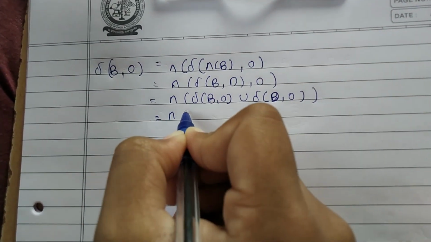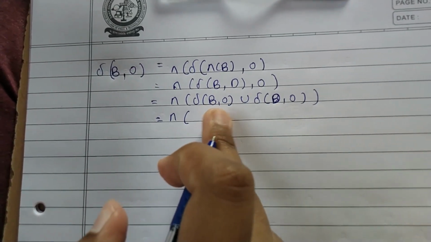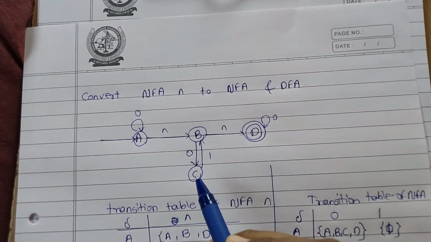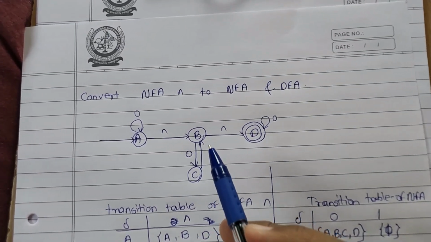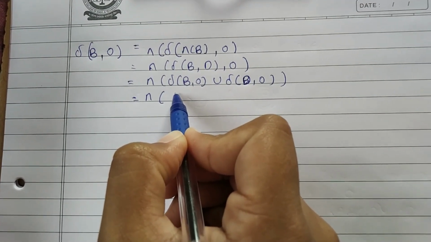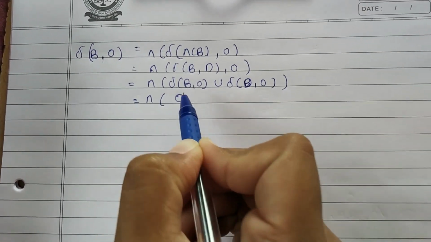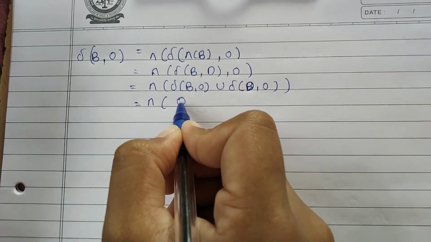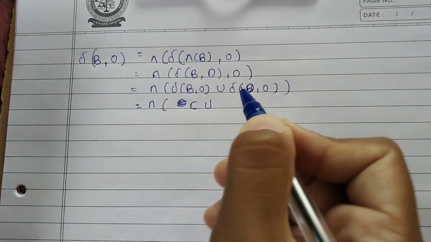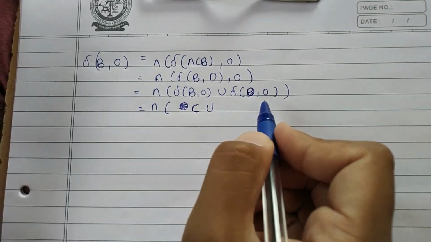Now we see B reads 0. Here B reads 0 in C, so the value of B comma 0 is C, union this D comma 0.